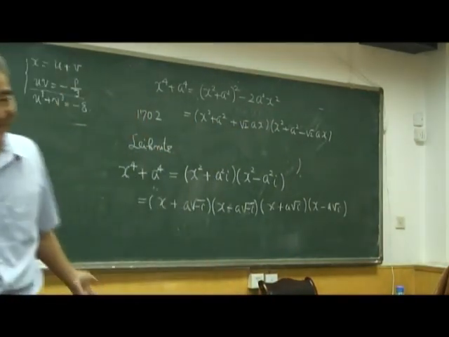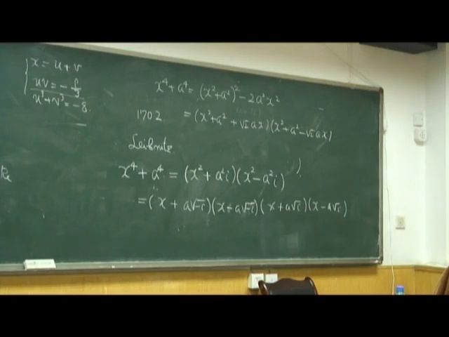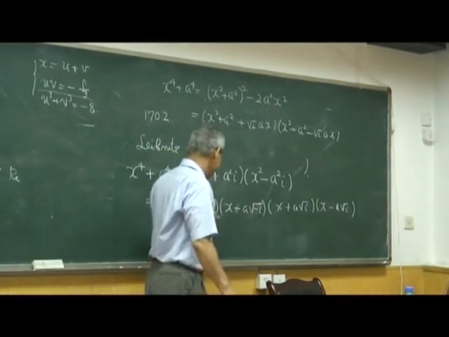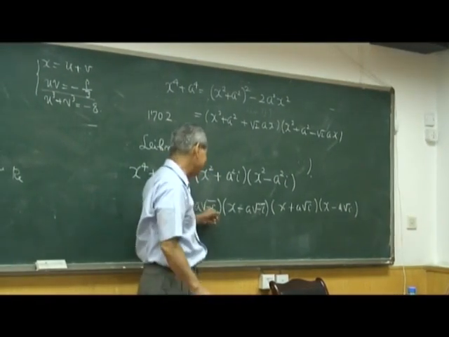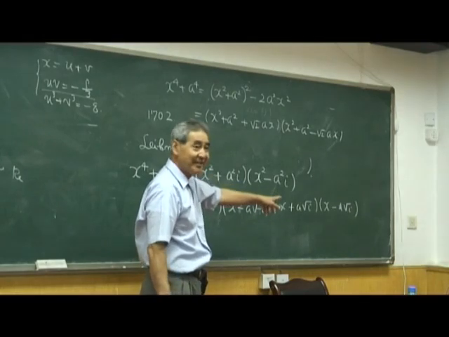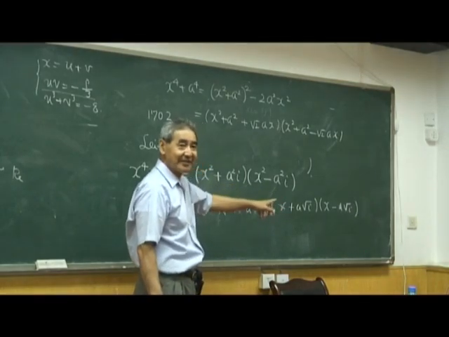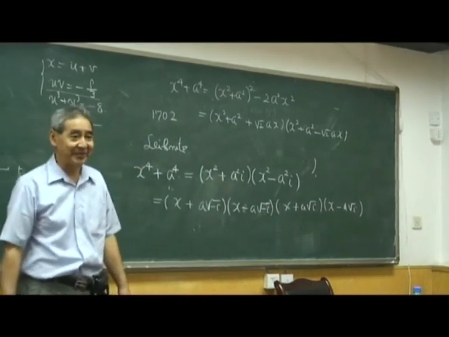So why is it that Leibniz made a mistake? The point is he didn't know that the square root of minus i or the square root of i can be expressed as complex numbers.